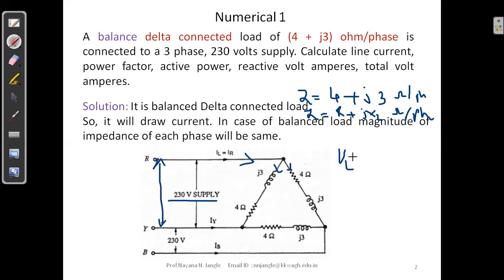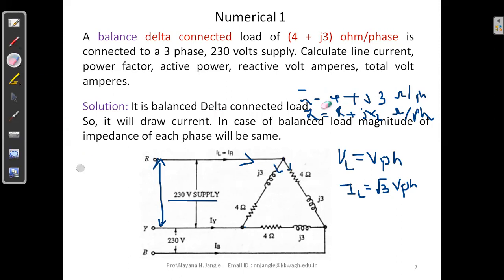So in delta connection, VL is equal to VPH always. Keep in mind that VL is equal to VPH, and here the line current IL gets divided. It will not be the same. So IL is equal to root 3 IPH. As it is a balanced delta connected load, all three phase currents will be the same.